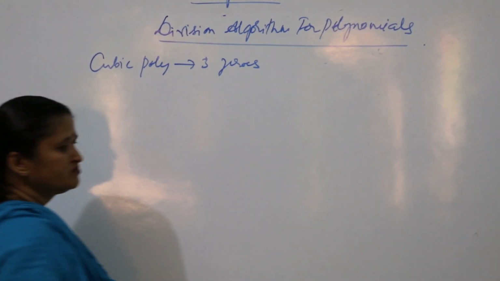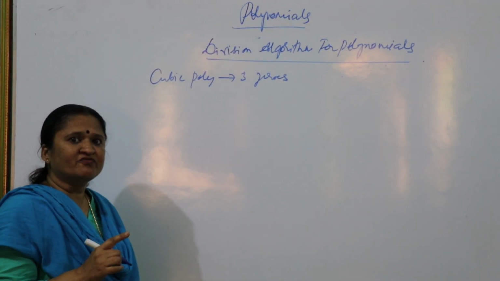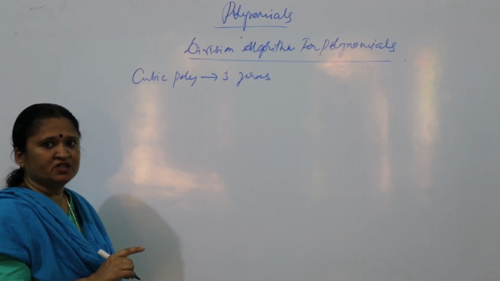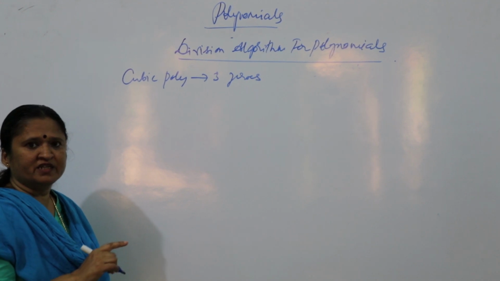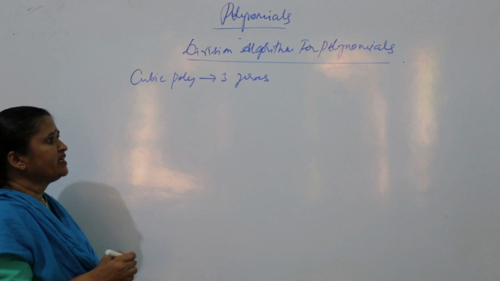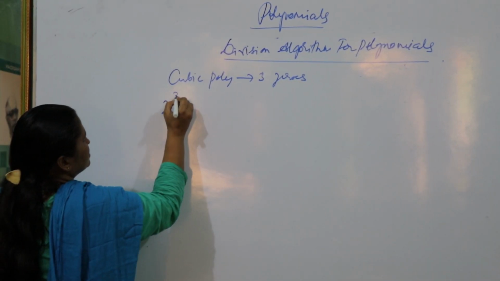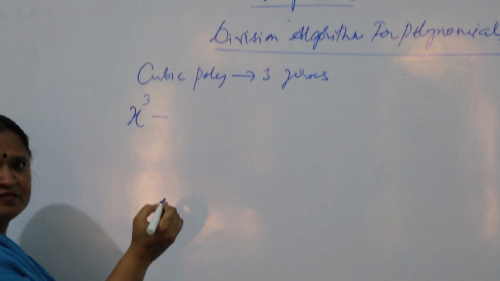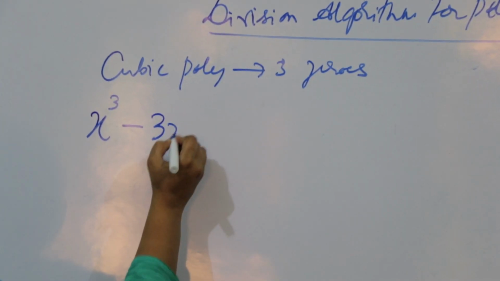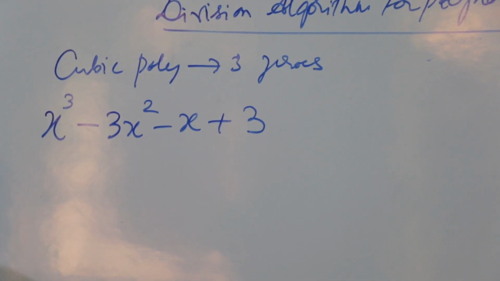If we are given the polynomial x cube minus 3x square minus x plus 3.